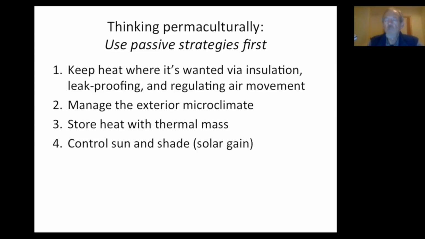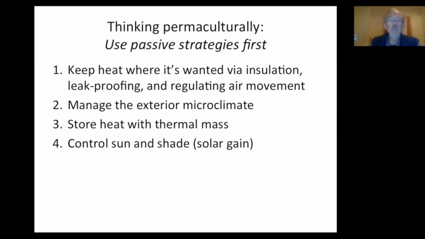Another way that we talk about this in permaculture is we use passive strategies before active ones. We use things that just sit there as opposed to things that have a lot of moving parts. And if we can't do the job with something passive, then we move over to active. So passive strategies for saving energy would be to keep heat where we want it. We're using insulation and weather stripping and keeping air from leaking away.